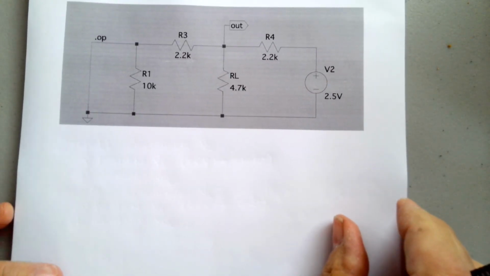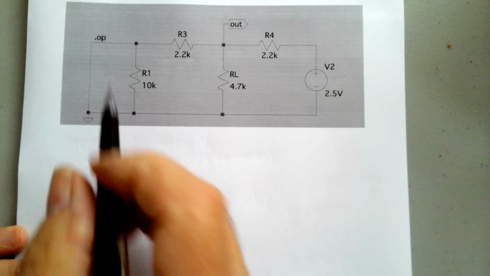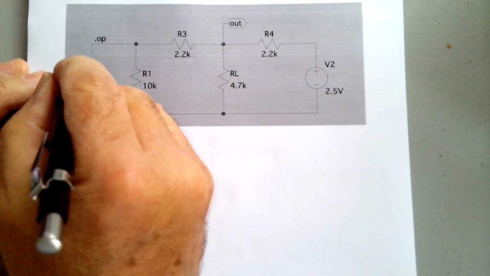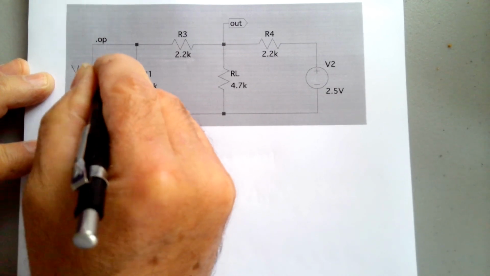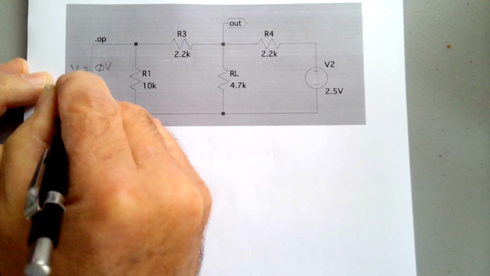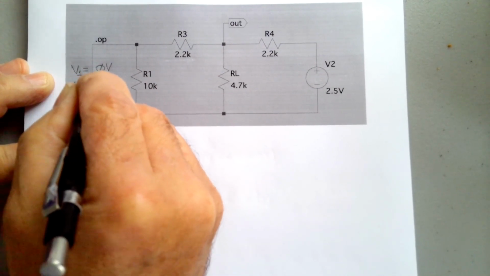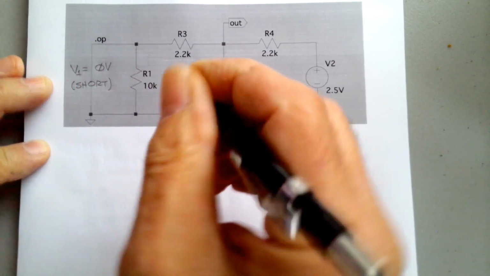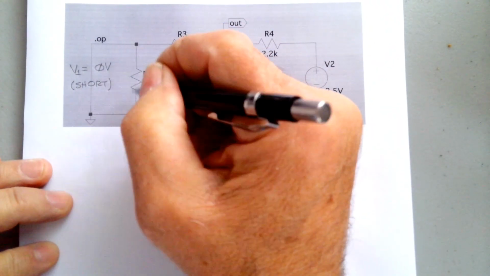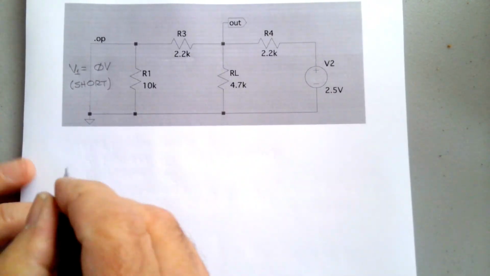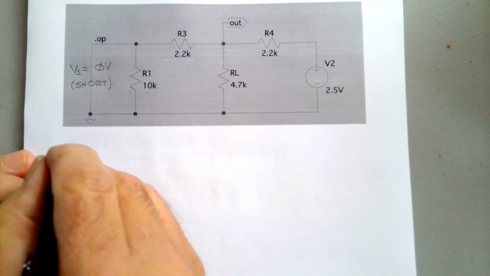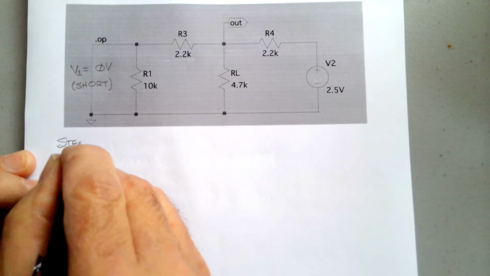So what do we have here? This is V1 equal to 0 volts, which is a short. So this resistor has been shorted out, all right? And so essentially what we have is looking from V2, so this is step 1.